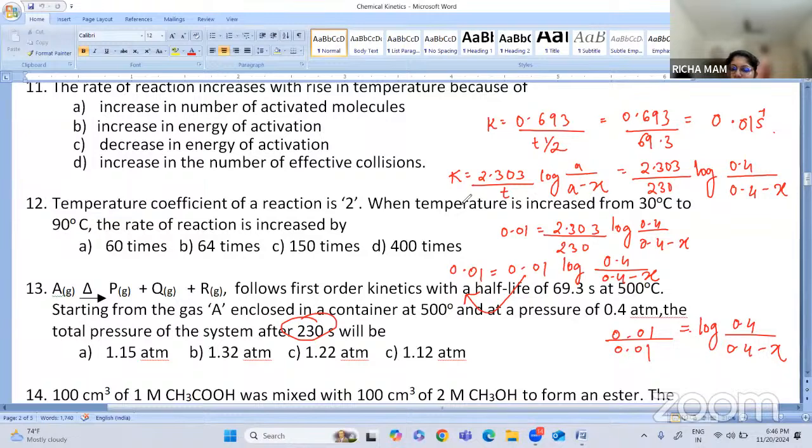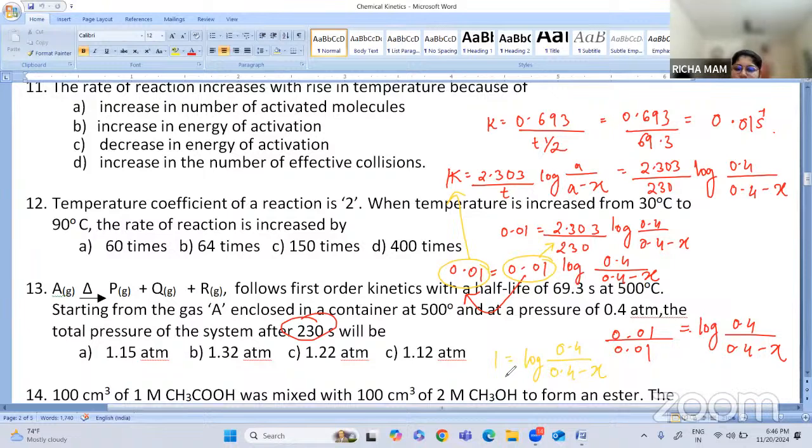This 0.01 is the k value, and this 0.01 is what we got for 2.303 by 230. So 0.01 divided by 0.01 will be 1. So 1 will be equal to log of 0.4 by 0.4 minus x.